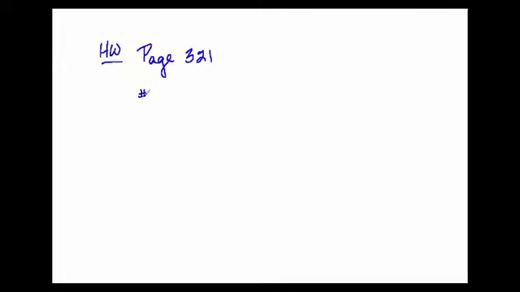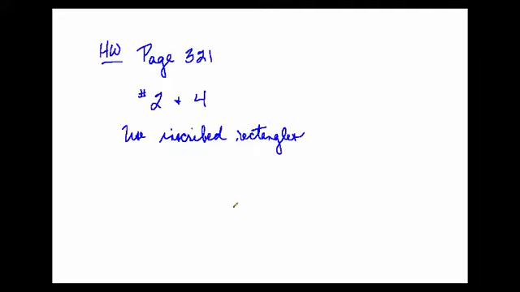So if you would just do page 321, number 2 and 4, okay? What I want you to do is use inscribed rectangles. You decide if it's a left endpoint or right endpoint, just based upon the fact they have to be inscribed.